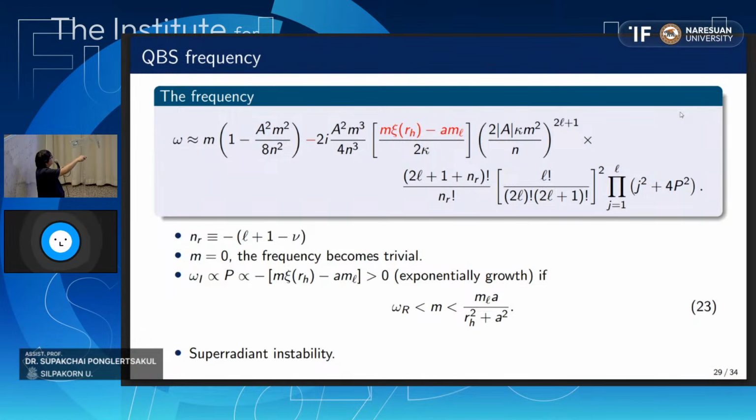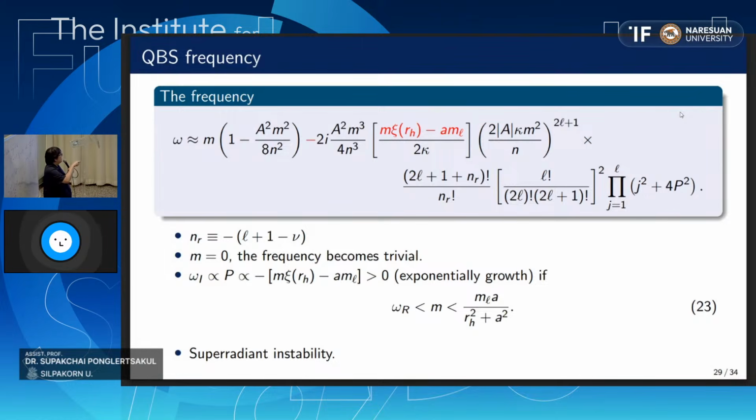So basically, if this term provides a negative number, you will have a positive imaginary part, which says that the field grows exponentially rather than decaying. So that's how we show that this quasi-bound state becomes superradiantly unstable. The black hole loses energy, and the field gets trapped between the black hole and the effective potential, and it keeps extracting more and more energy out of the black hole.